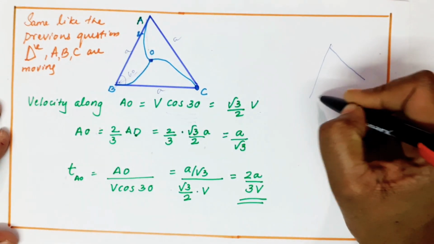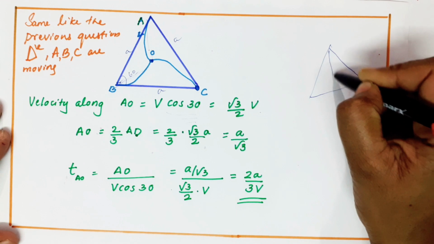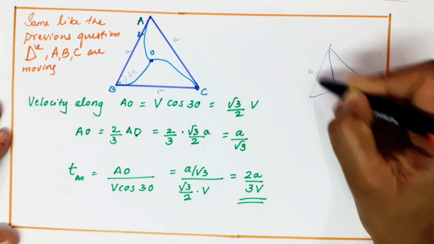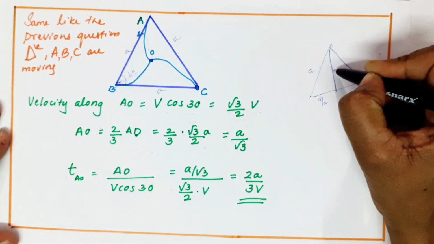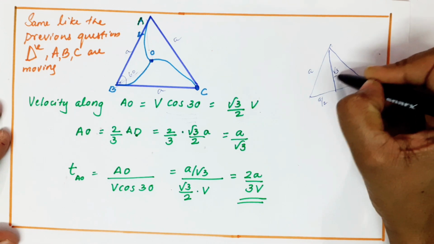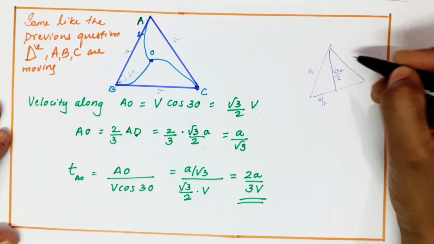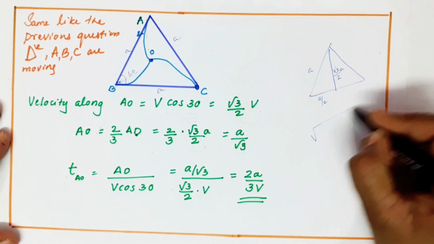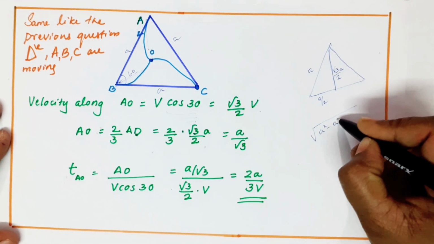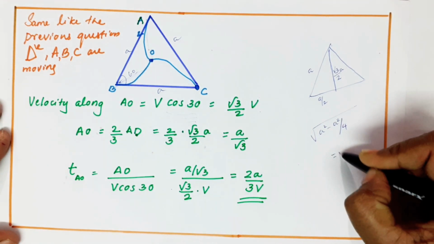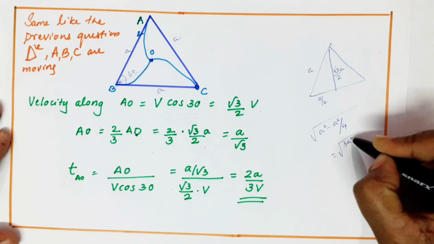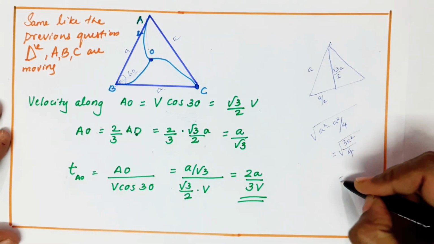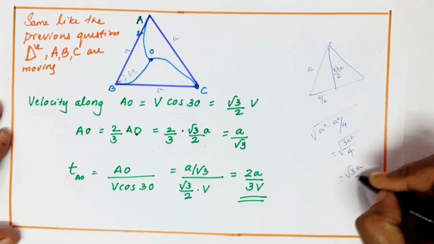You know, this is nothing but a triangle. This side is A, this side will be A by 2. So this side will be root 3 by 2 of A. By using Pythagoras theorem, root over A square minus A square by 4 means root over 3A square by 4, that is root 3 A by 2.